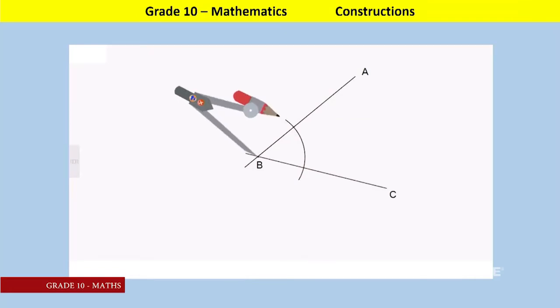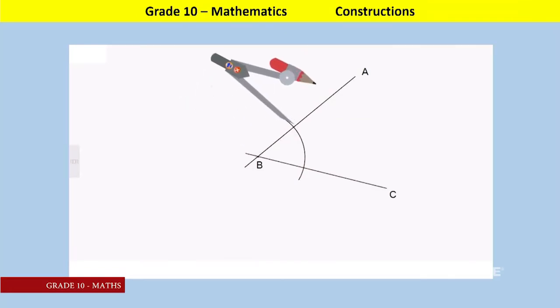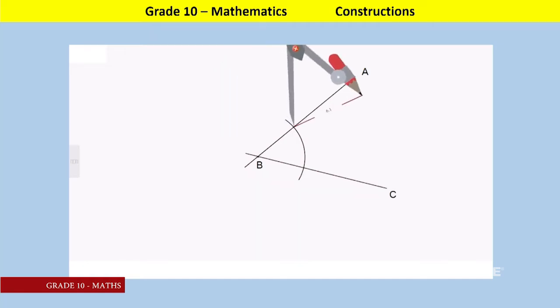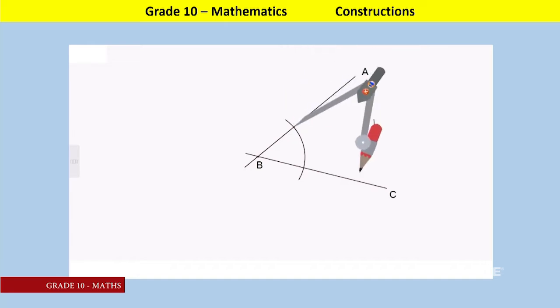Keep the steel point on B, draw an arc to intersect AB as well as BC. Here we found 2 points. Take any radius, keep the steel point on that new point, draw an arc.